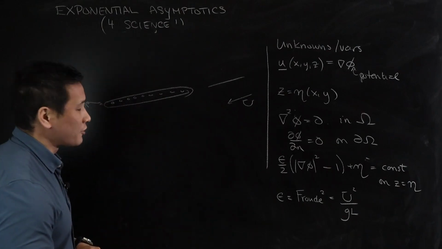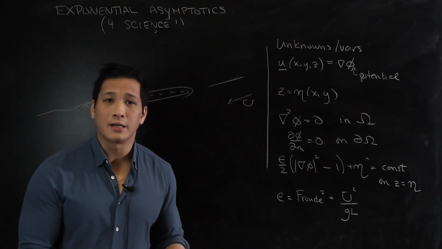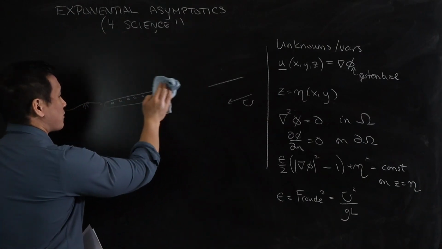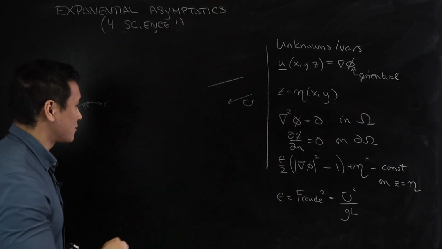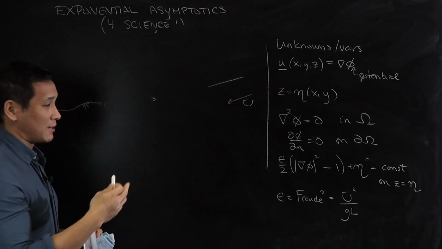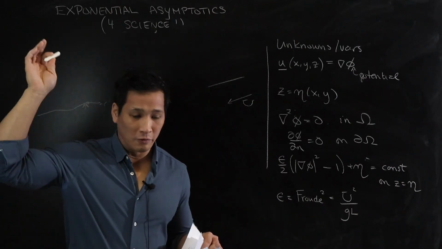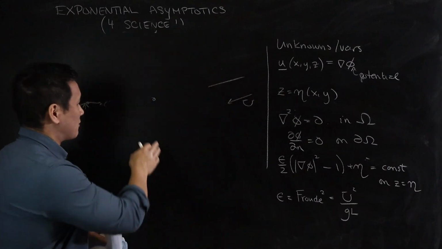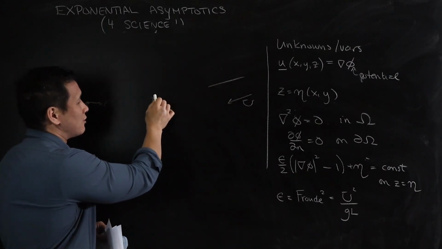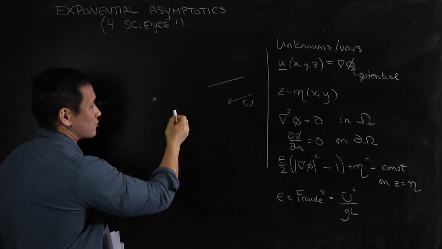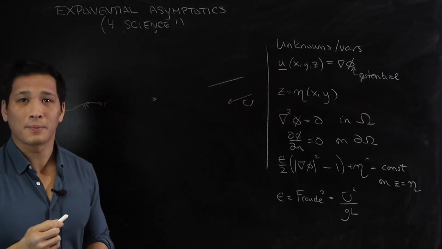You might also consider the case that, and Lord Kelvin did in the 1800s, where the ship is approximated as a single point source. So you might say, well, suppose my ship is so small, viewed from some length scale, viewed from high above, my ship is just going to be approximated by a single point source moving through the water, or a single point force where the water is moving through at speed u here.